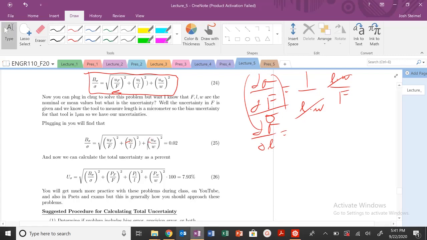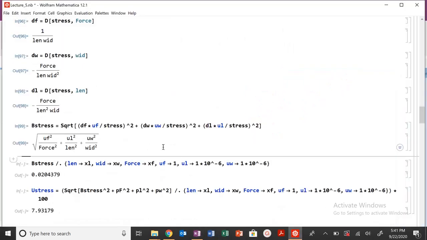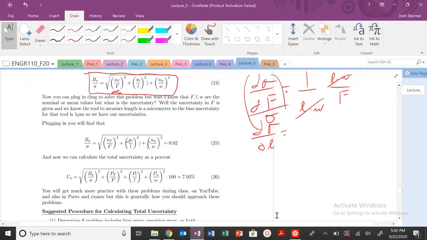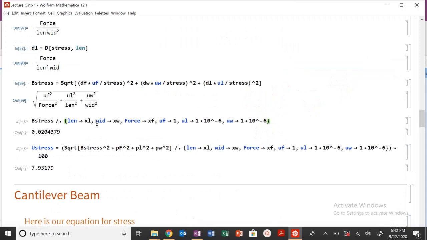So as we go look in Mathematica, if I plug and chug into this expression here, using nominal values of force and uncertainties in length, width, and force, I'll see that my bias error in stress, again, this is a fraction, so if it was in percentage, multiplied by 100, is 2%.